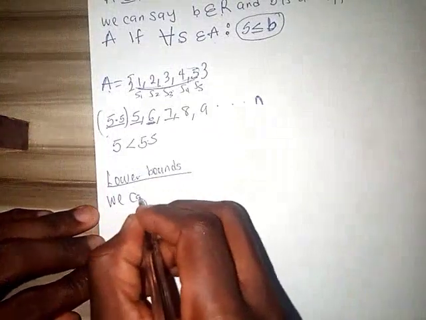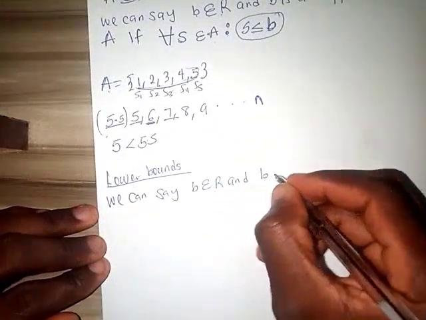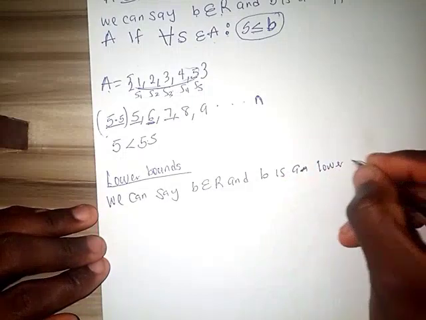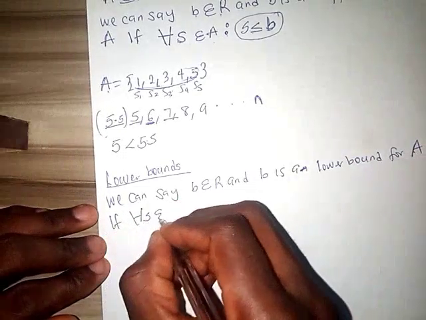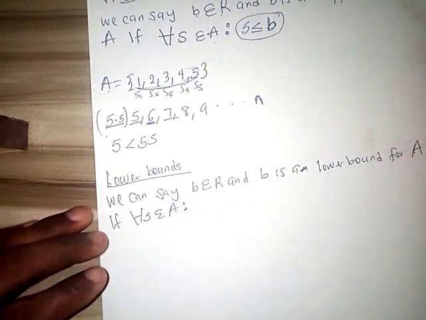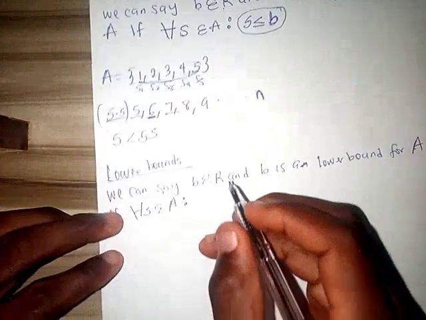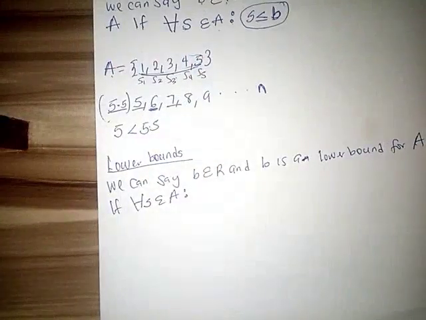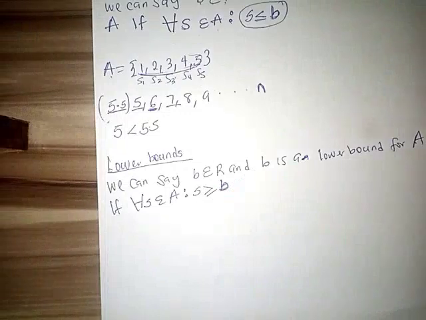Now we can say B is an element of R and B is a lower bound for A if for all s an element of A, such that, now you know here we have s less than B. What we want to do here is, when something is lower, that means it is lower than all the elements, such that s is greater than or equal to B. That is how to get your lower bounds.